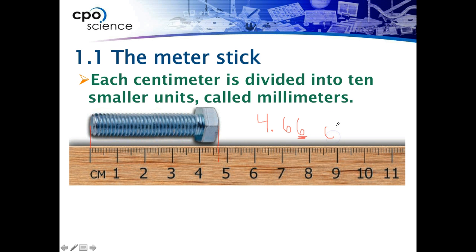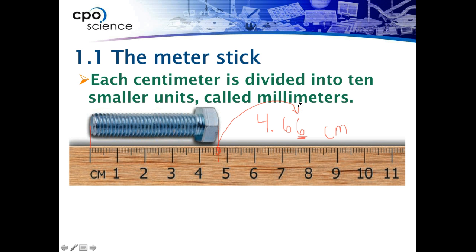Now, your sophisticated scientists are always going to measure one digit beyond. So we're always going to try to make an estimate of how far it falls into the space in between. And that space in between is where the 6 came from, the uncertain digit.